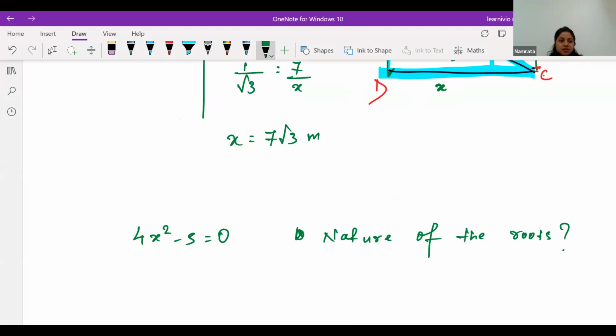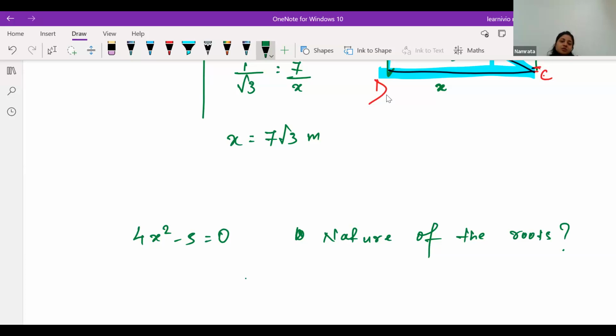It's there in your syllabus, right? Yes, ma'am. First we can find the discriminant and see if what we got is greater than 0 or not. If it is, then we have to find the roots as well. What is the discriminant formula? Under root b square minus 4ac.